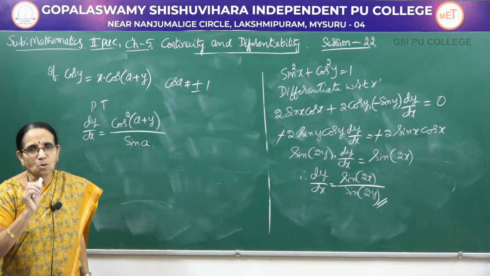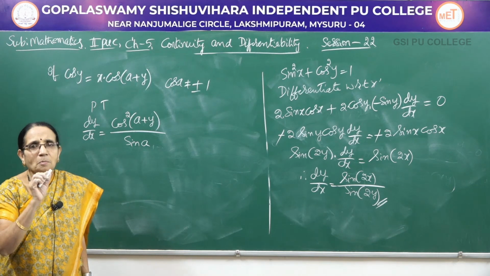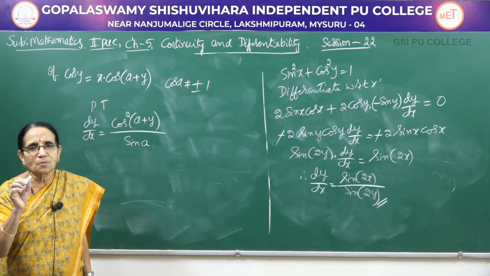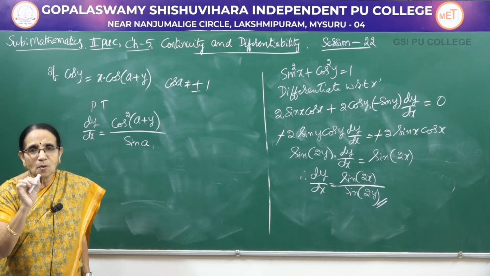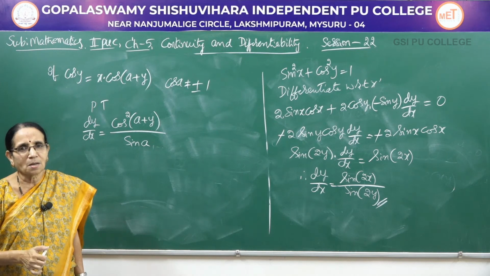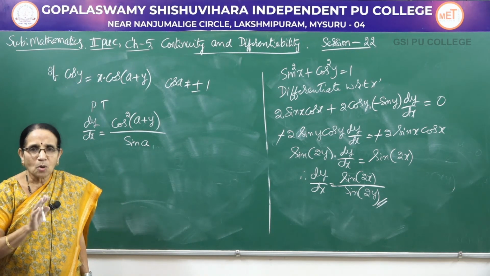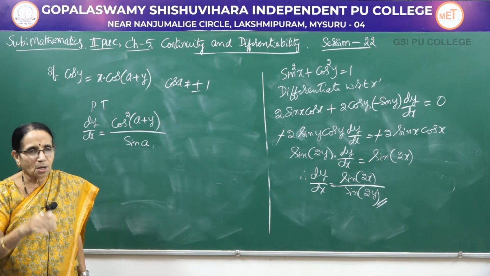It is v into u dash, denominator into derivative of the numerator, minus u into v dash, numerator into derivative of the denominator, whole thing divided by v square, the square of the denominator.